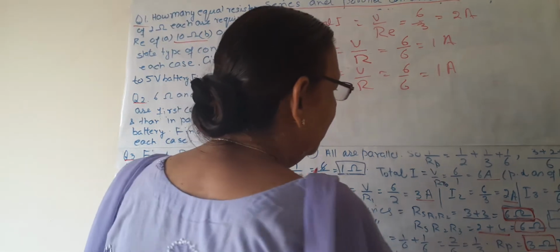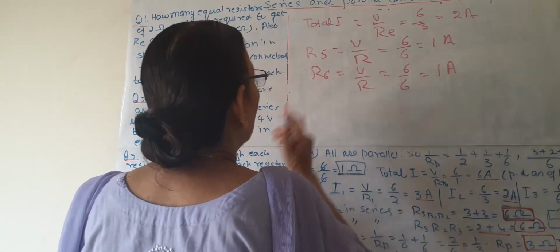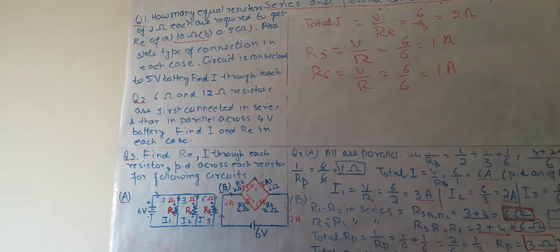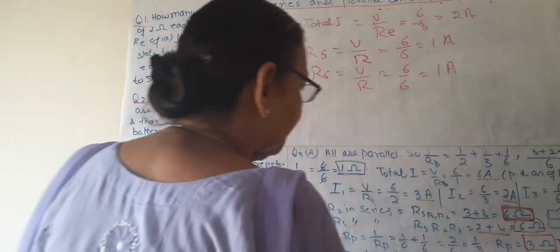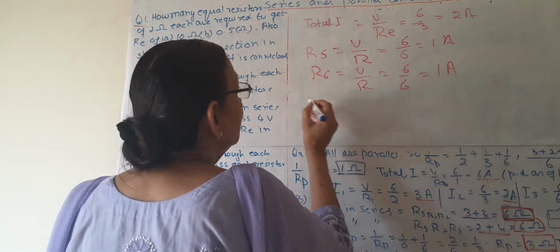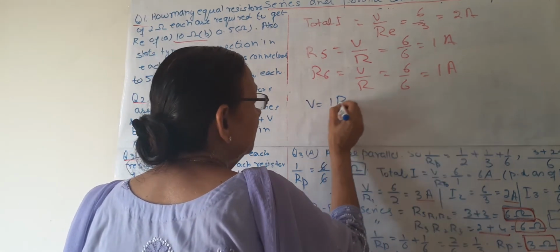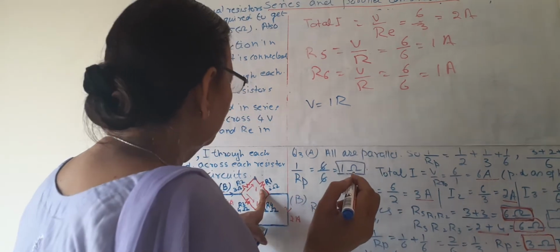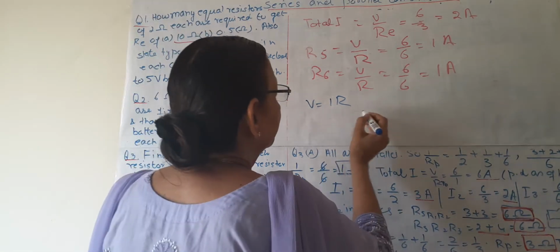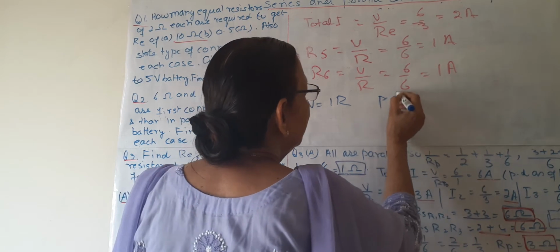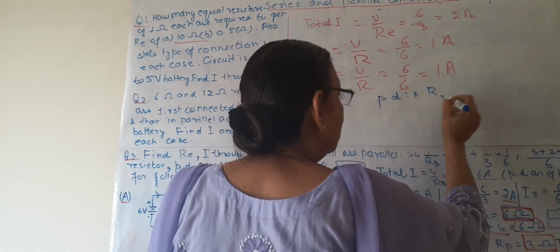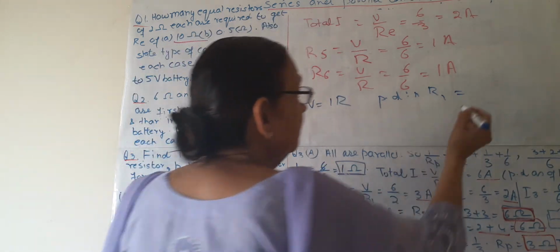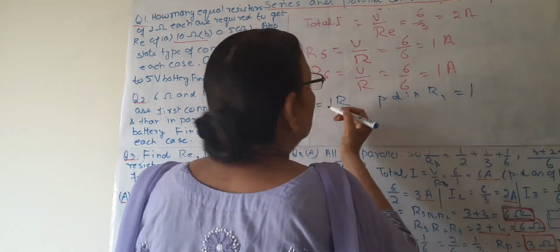Now about the PD in all. So we can calculate PD in all. The formula is V is equal to IR, potential difference is I into R. So if you want to calculate PD in R1, it will be equal to I. What is the I in R1? 1 ampere.